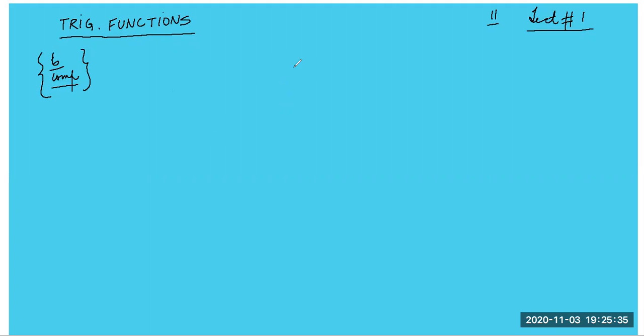So now students, if I just talk about angle, so you know that in angle, these are two rays which make an angle, right? So you can also say that this is terminal side and this is the initial side, right?